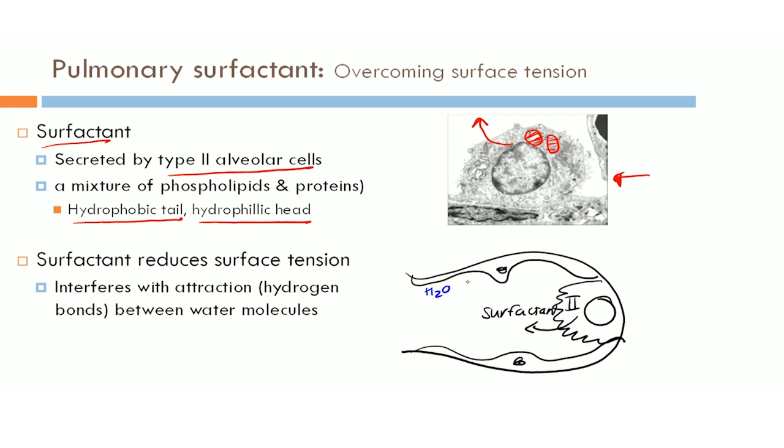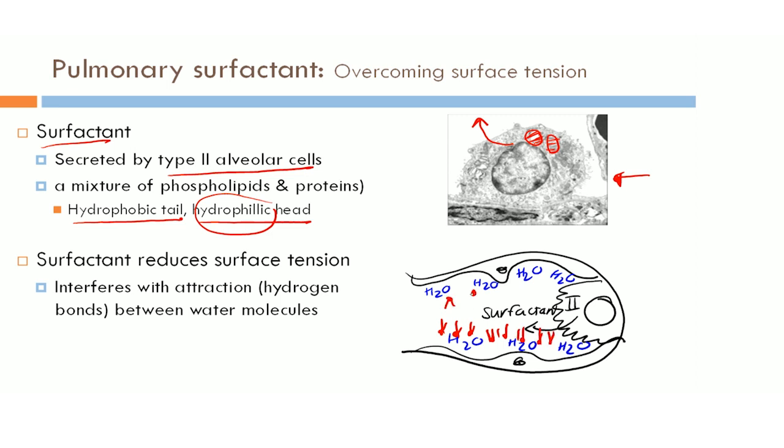So if we've got our water molecules sitting around the sides here like this, what the surfactant does is it interferes with the bonds between them. It does that because, as I said, it has a hydrophilic head, which will point down towards the water molecules, and hydrophobic tails that point up. So we'll have something that looks a bit like this, surrounding the inside of the liquid lining.